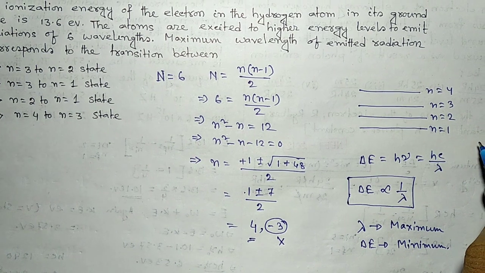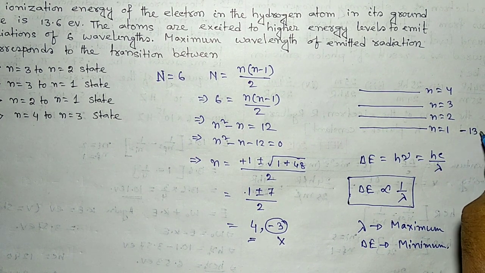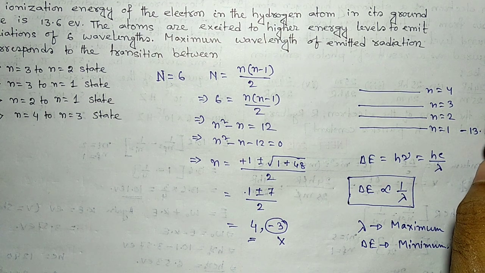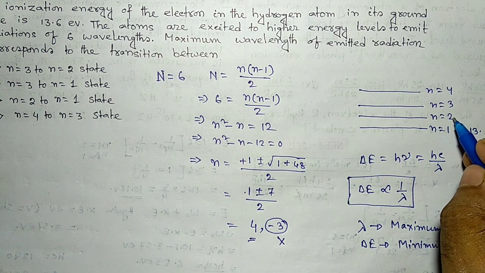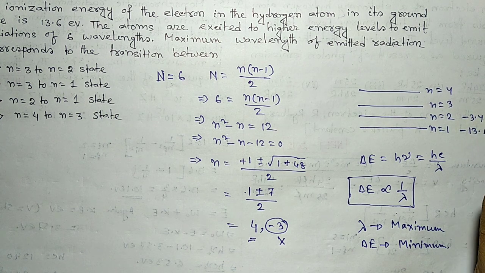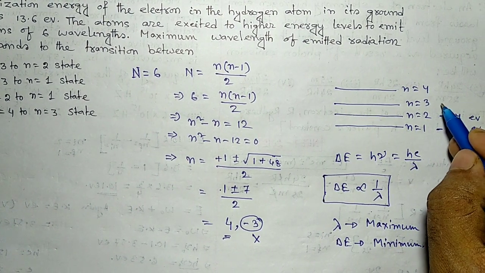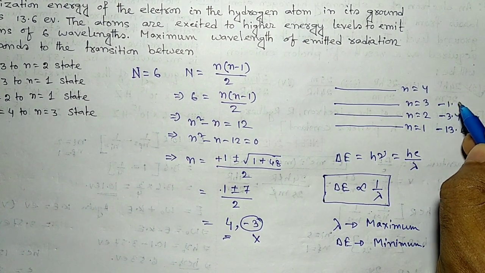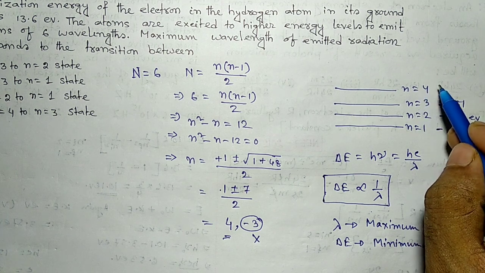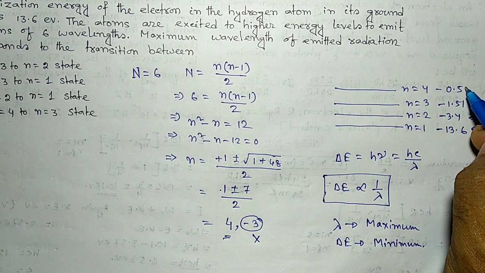Here for ground state, energy is minus 13.6. For second orbit, energy is minus 3.4 electron volt. Here the energy is minus 1.51. For n equal to 4, energy is minus 0.54.